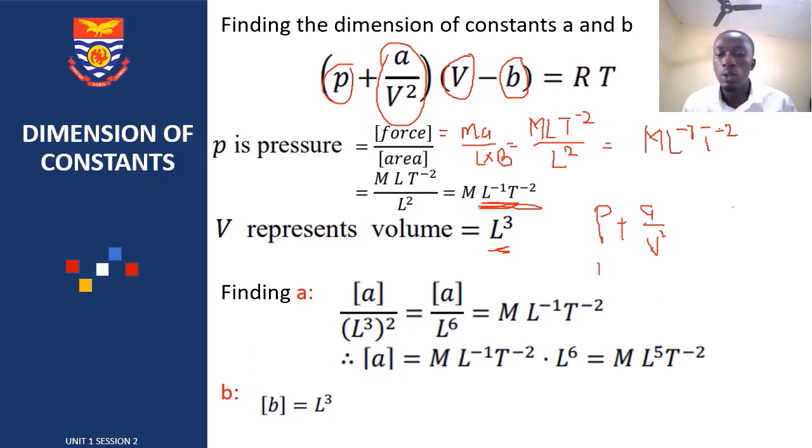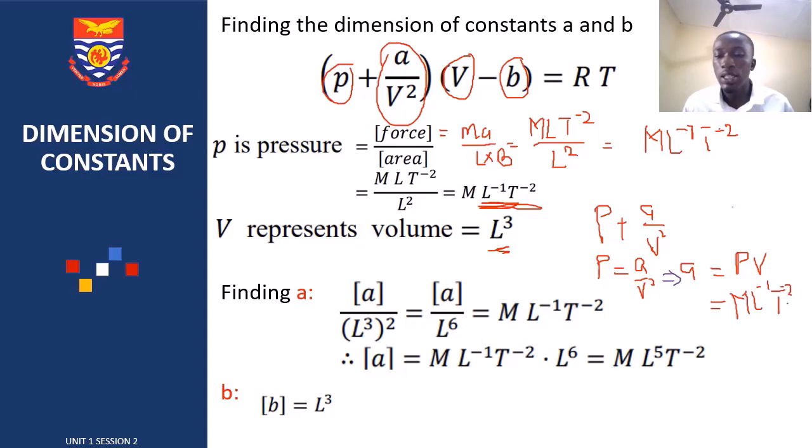So we can write P equals A over V squared. From here, we can make A the subject before we substitute the dimensions. So A becomes P multiplying V squared. We know from our dimensions that the dimension for P is M L minus 1 T minus 2.